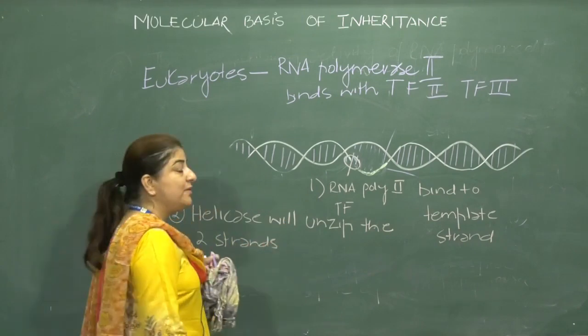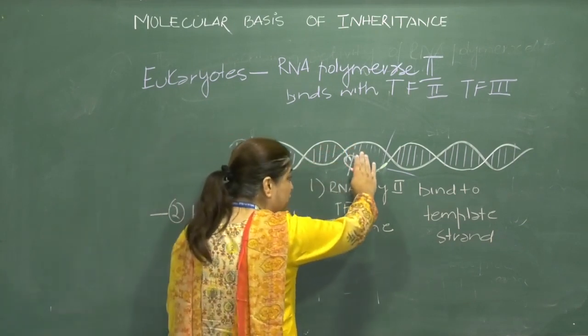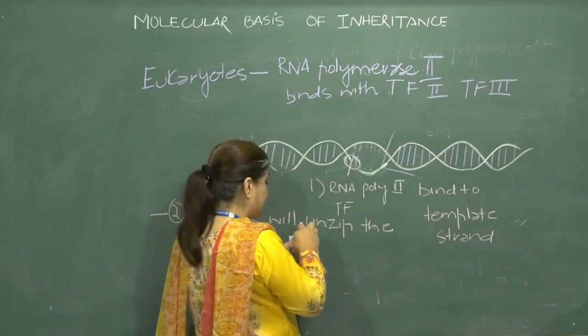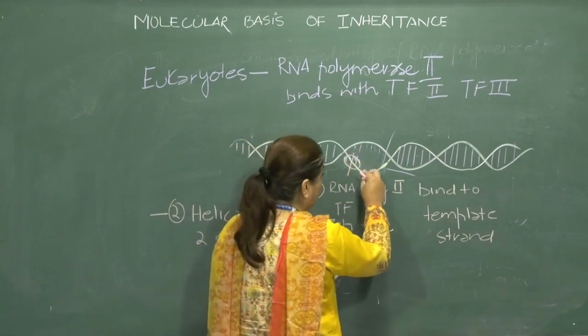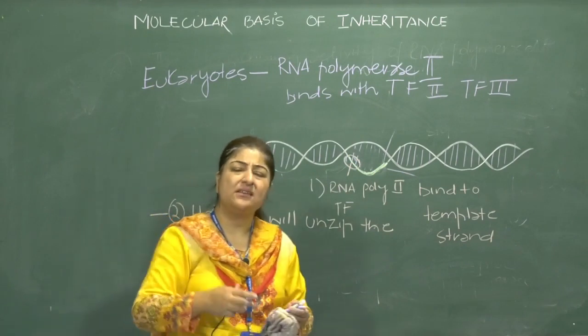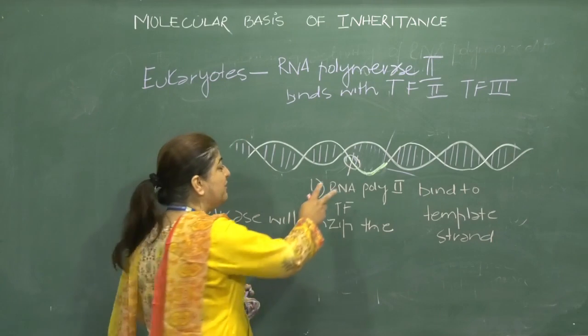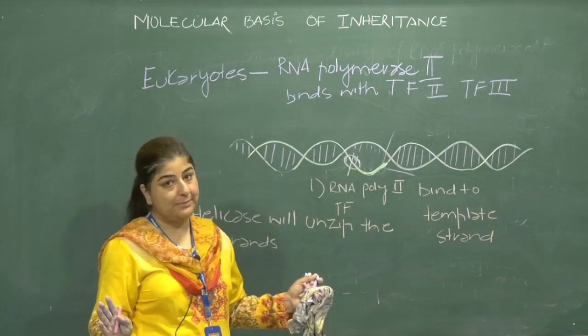Once helicase unwinds these two strands, the strand that needs to get transcribed will get exposed. Simultaneously, as you know, the topoisomerases and the single stranded binding proteins will bind to this strand that needs to get transcribed and stabilize it.